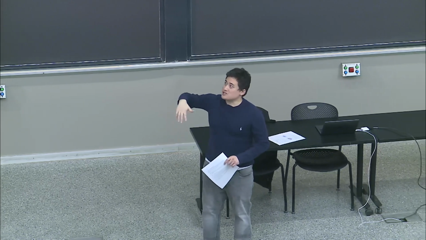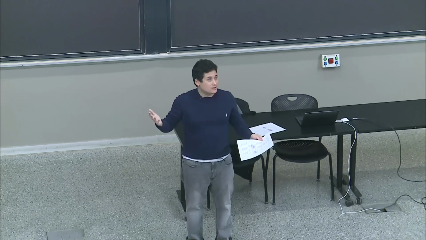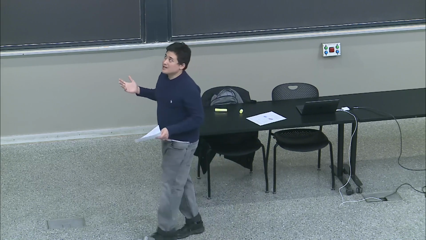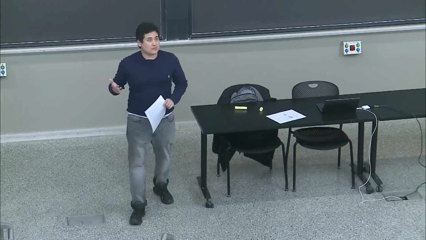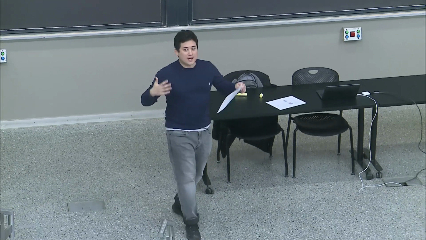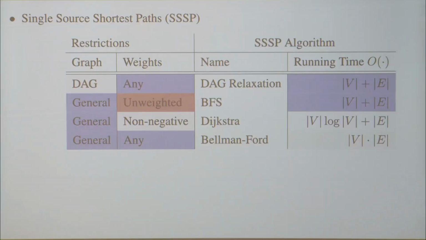So if whenever I saw shortest paths, I used Bellman-Ford, the slowest thing, that's probably going to be a correct algorithm. It's not necessarily going to be the most efficient algorithm, but you'll get more points because it is a correct algorithm than if you apply a faster algorithm that doesn't apply to your problem, because it's not going to solve it correctly. Does that make sense? Okay.